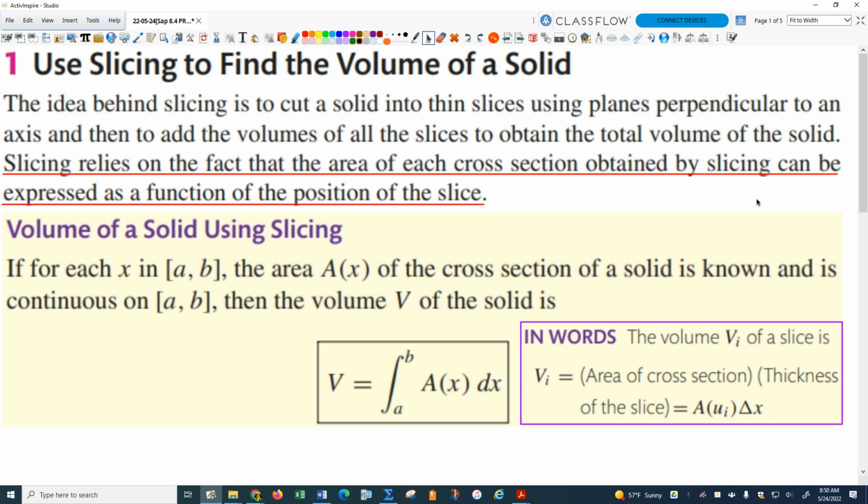And usually there's a way that makes sense to do that. So the formula is pretty simple. If we're slicing perpendicular to the x-axis, the volume is just going to be the integral of A of x dx, where A of x is that predictable cross-sectional area as a function of x.